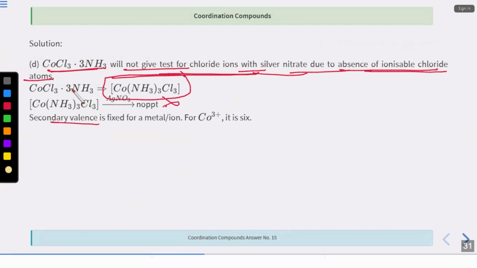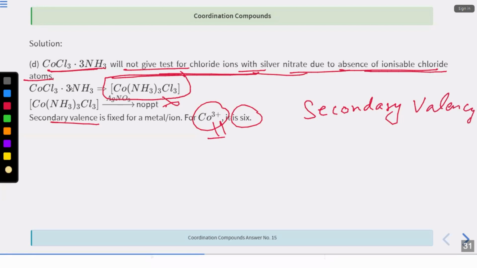So the secondary valence is fixed for the metal ion Co3+. It is 6. Why 6? Because secondary valency represents the number of ligands it is coordinated with.